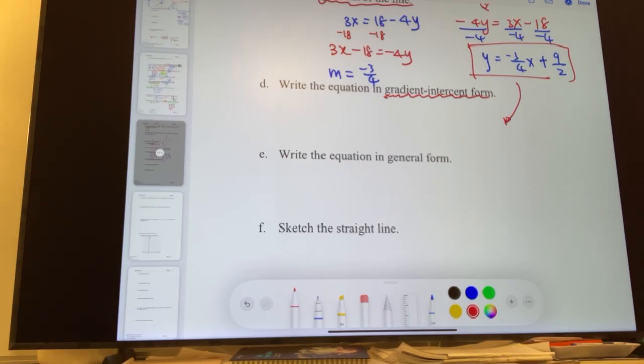And then the next one is general form. General form means ax plus by plus c equal to 0. So that means you cannot have fractions. So let's work from here. The LCM is 4, so times every term by 4. So you are going to have times 4, times 4, times 4. So you are going to have 4y.